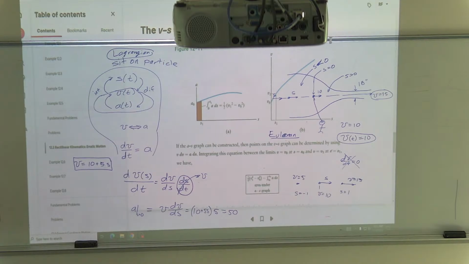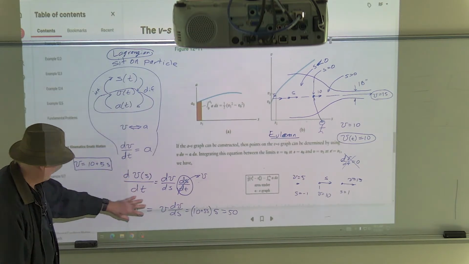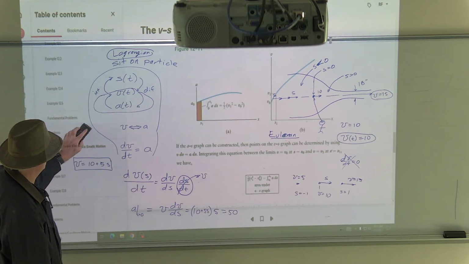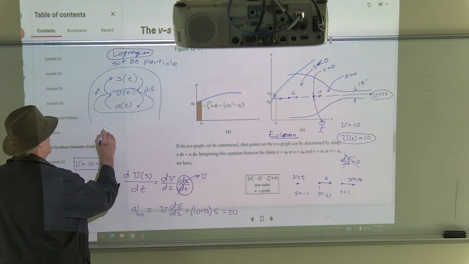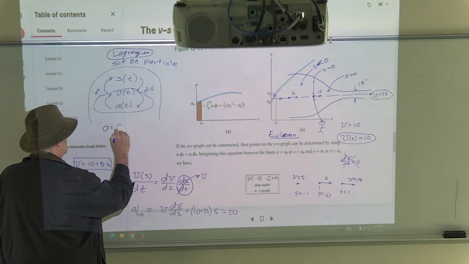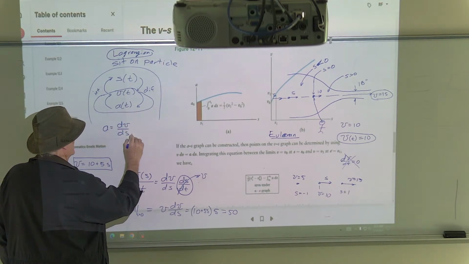So it's just a simple breakdown of this. Essentially, you've got this one particular situation, where the acceleration is equal to the change in velocity with respect to position.